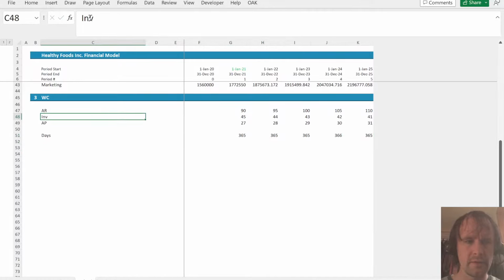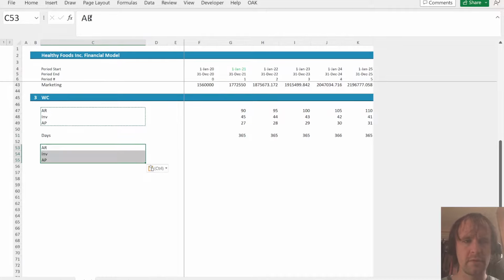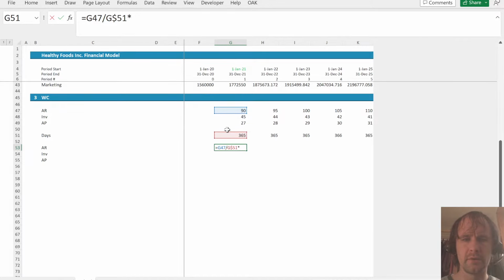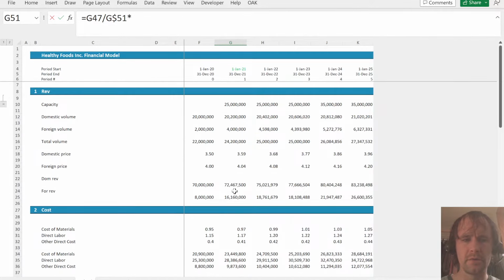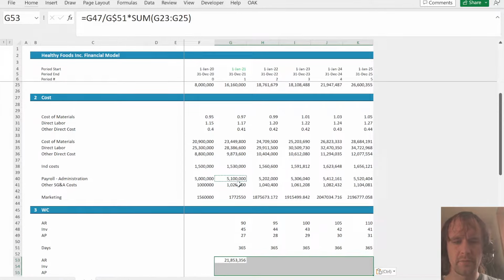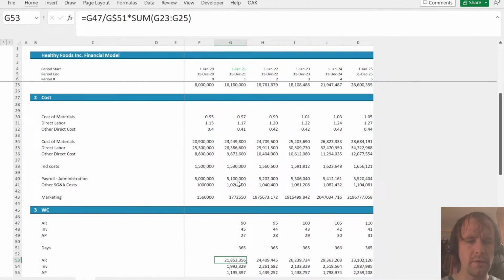Then AR, inventory, AP. So accounts receivable is going to be this over this times revenue. Should have just put in a total revenue line, but never mind. Get some formatting here. Okay, then this one is based on total manufacturing costs.